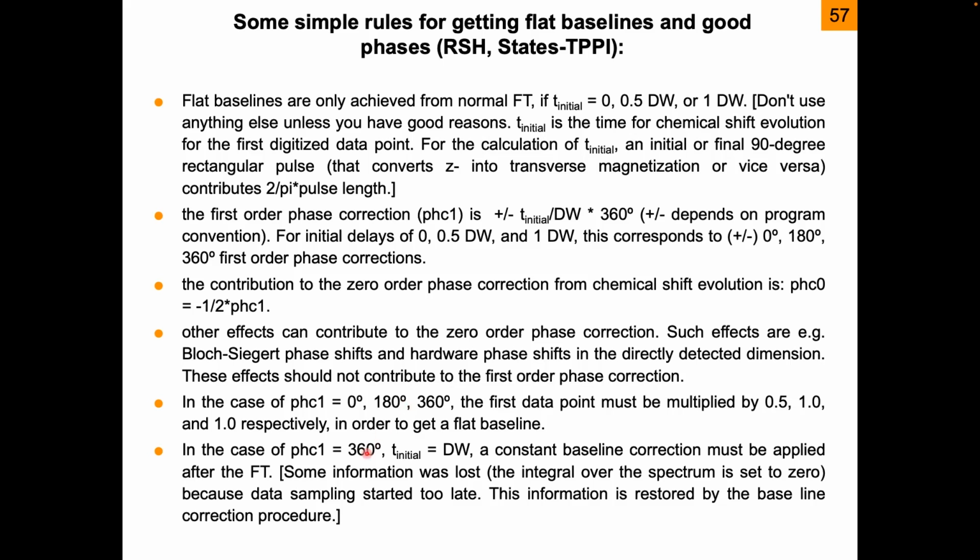And then finally, if you have a 360-degree first-order phase correction where you have set the initial time point to a full dwell time, meaning you have started your acquisition really one step off from 0, then you have completely lost information about time 0 when you think about these integrals.